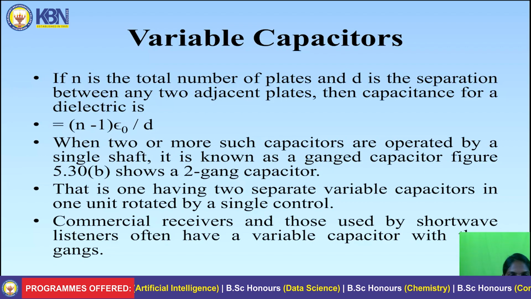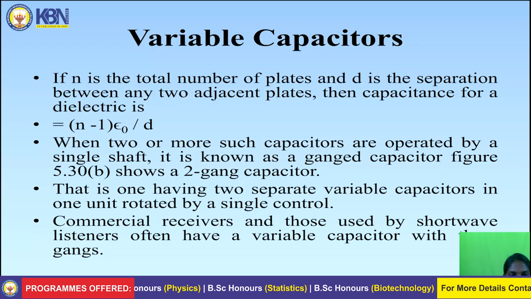When two or more such capacitors are operated by a single shaft, it is known as a ganged capacitor. That is, one having two separate variable capacitors in one unit rotated by a single control.